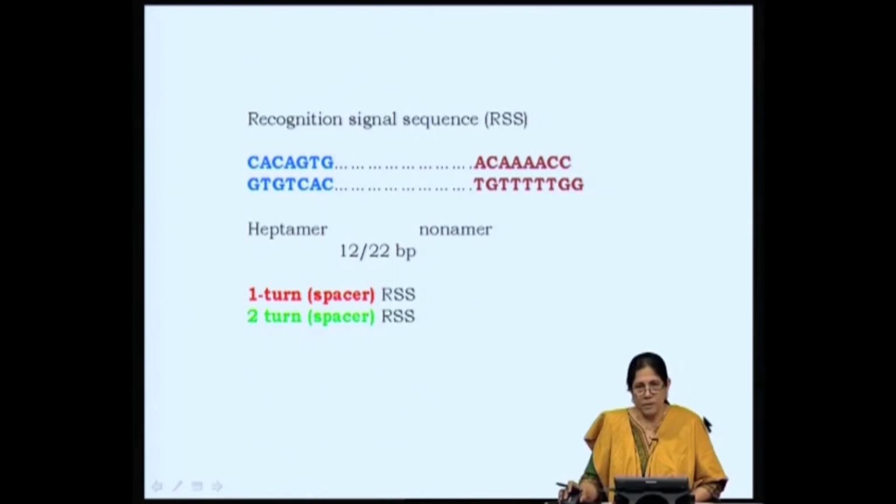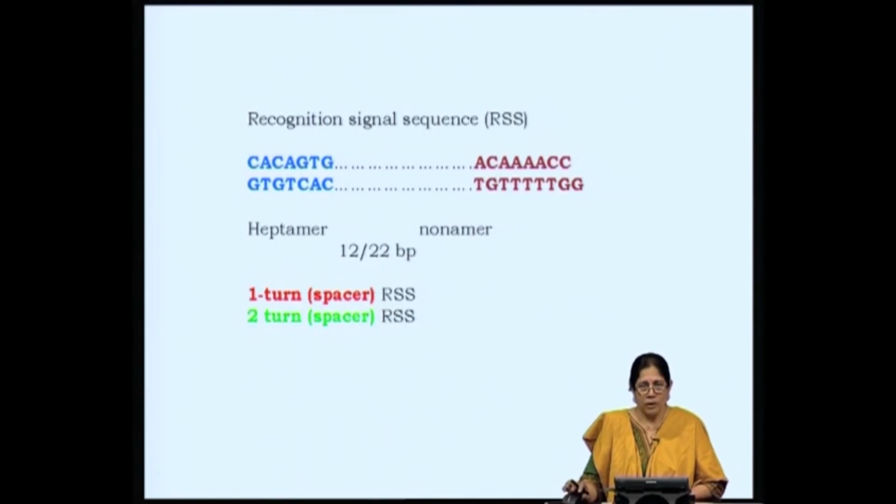Now, the question comes, how is it that we have any one of the J joining with any one of the V? Remember, the immunoglobulin gene is almost identical, whether the immunoglobulin recognizes antigen A or antigen B. Therefore, the number of amino acids also needs to be more or less constant.